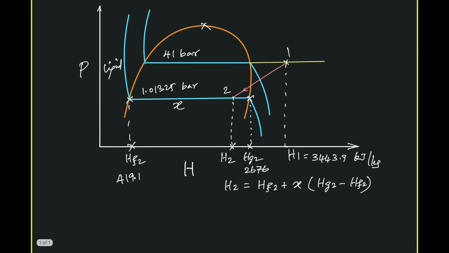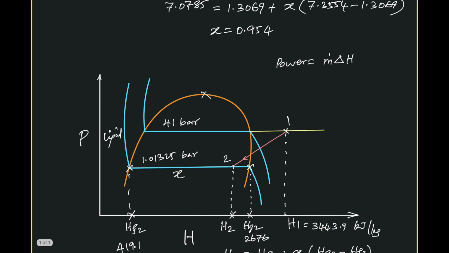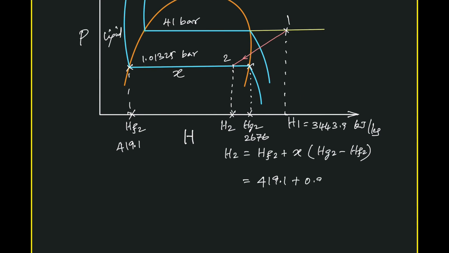Now we can get the value of H2, that is equal to Hf2, 419.1, plus x, which is 0.954, into Hg2, 2676, minus Hf2, 419.1. This value is obtained as 2572.2 kilojoule per kg.